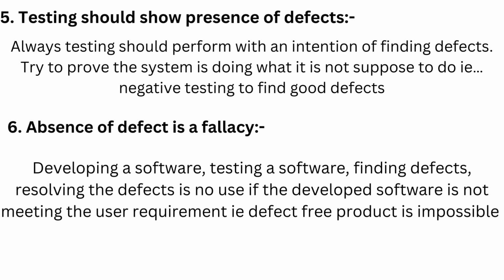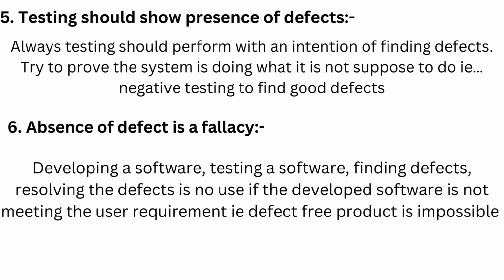Try to prove the system is doing what it is not supposed to do. Negative testing is very good for finding defects. So we are testing because we need to find defects, trying to prove what the system should not do. That is our main motto.